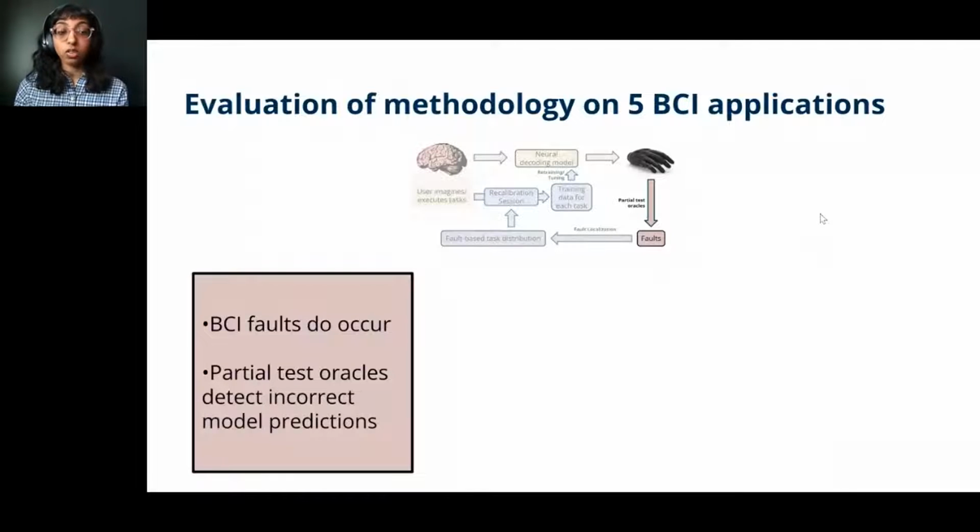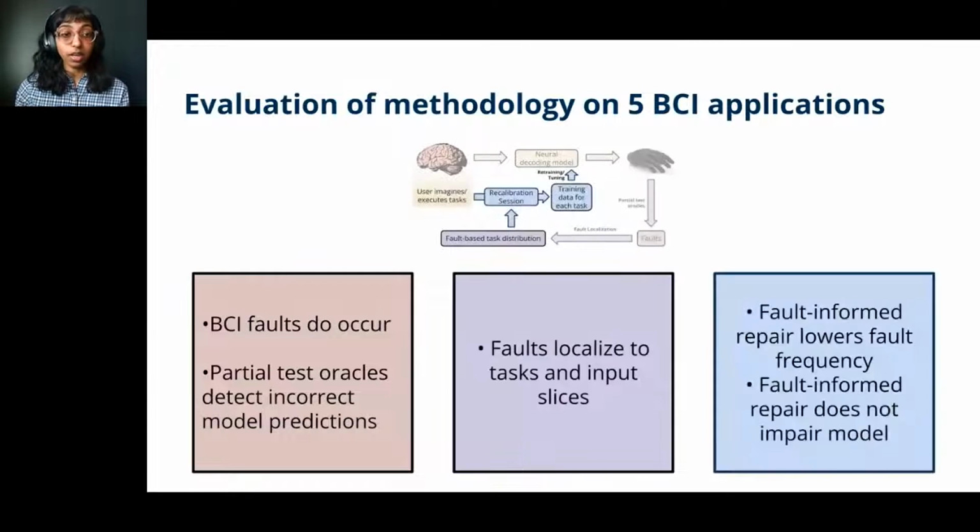We also found that faults localized to tasks and input slices. Finally, we found that retraining the neural decoding model on data collected using the fault-based task distribution lowered the fault frequency in some applications and does not impair the model performance.